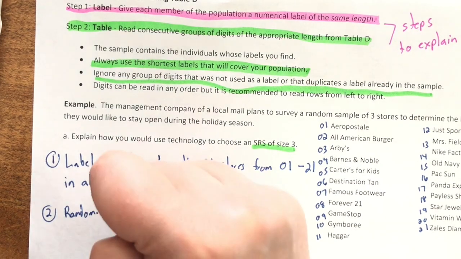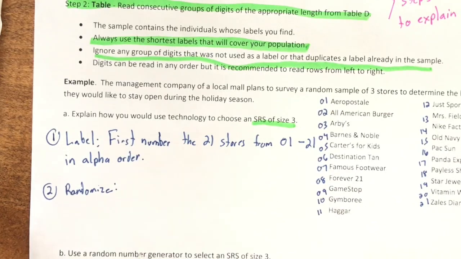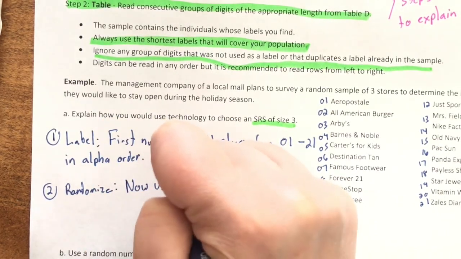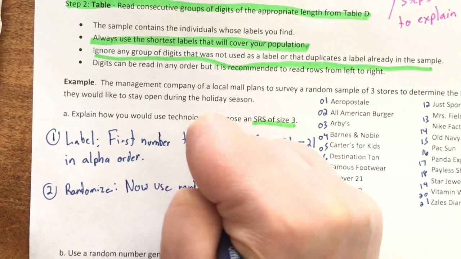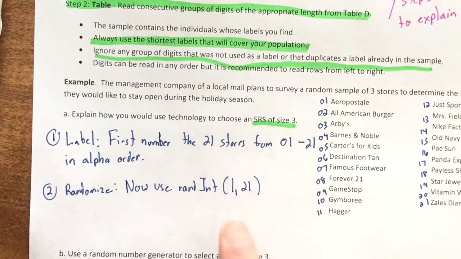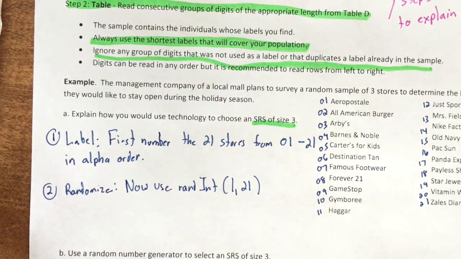So now, in order to do our randomization, we're going to use our random integer function on our calculator from 1 to 21. Now we don't have to put 01 to 21 when typing it into the calculator, you just put 1 to 21.